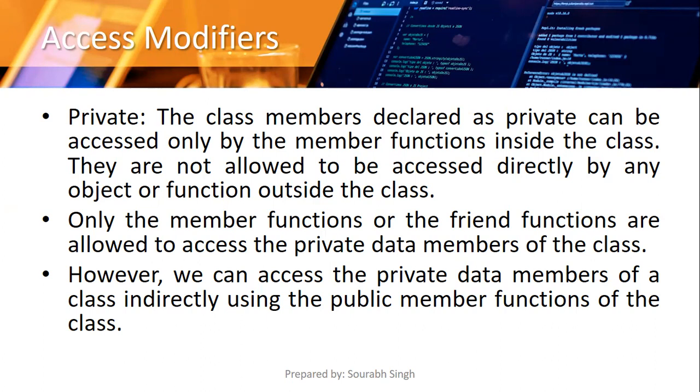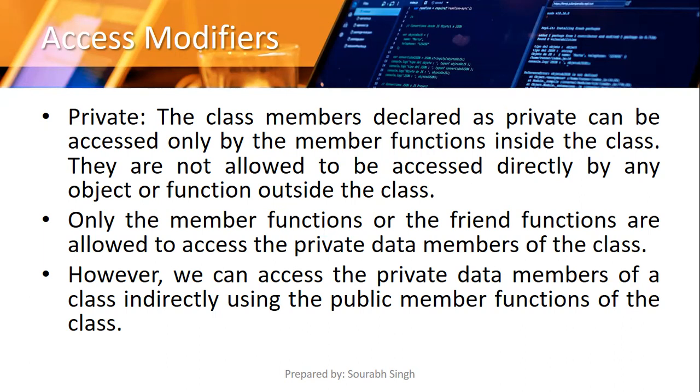However, we can access the private data members of a class indirectly using the public member functions of the class. For example, if we create data variables like integer a and integer b in the private section, and we want to access those data members outside the class, then first we have to create a public member function.